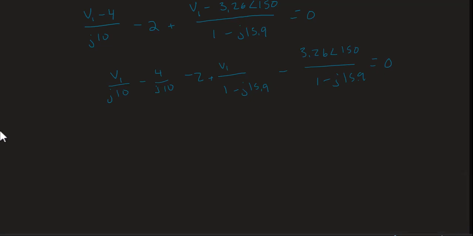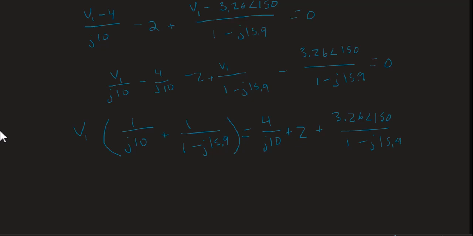And so that way I can factor stuff out. So on this one side, I will have V1 times 1 over J10 plus 1 over 1 minus J15.9. And on the other side, I will have 4 over J10 plus 2 plus 3.26 angle 150 over 1 minus J 15.9.